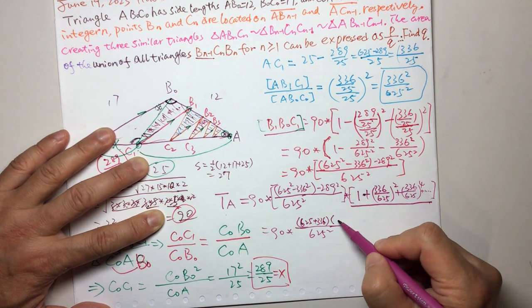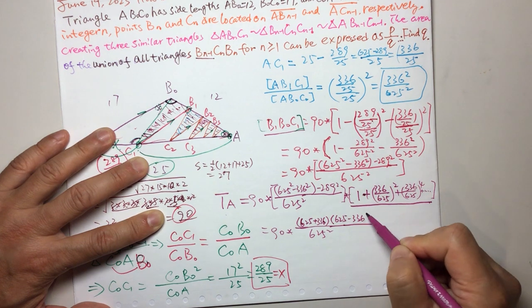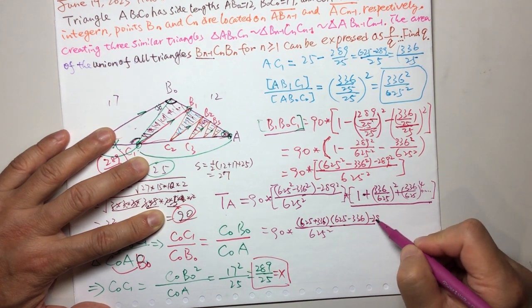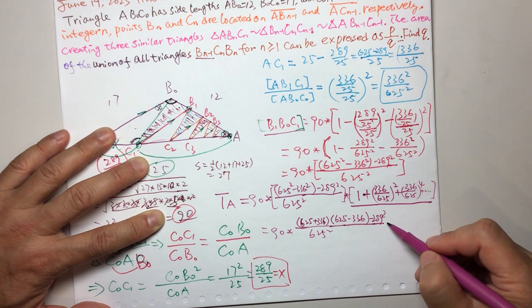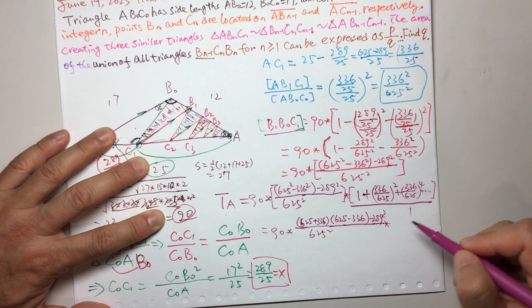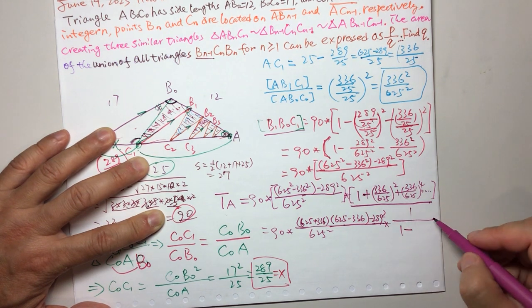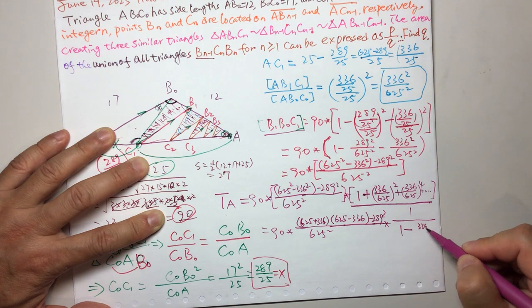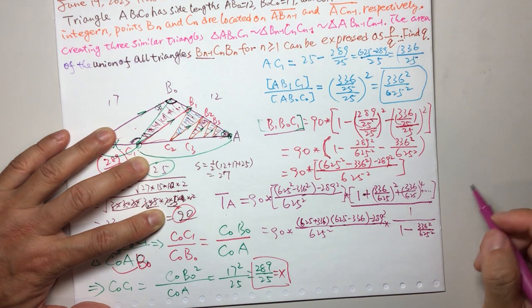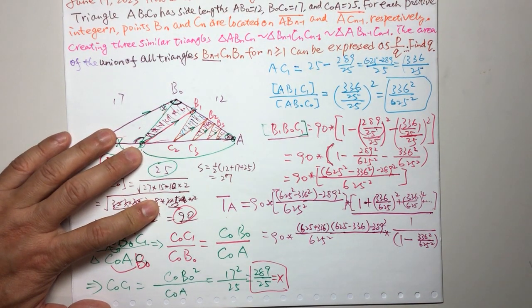We can use times 625 minus 289 squared. And this we know the formula is 1 over 1 minus the common ratio, right? That's squared, and here is squared. Okay, then we can go ahead.